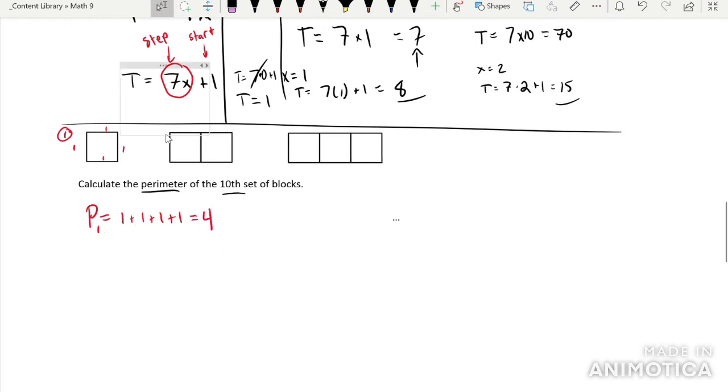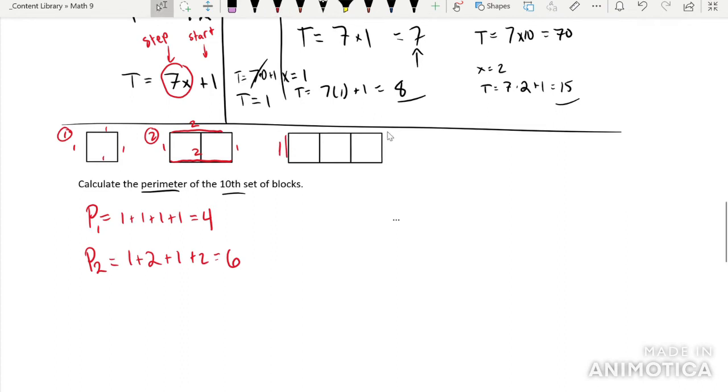Then I look at here, I'm only counting the outside, so this one and this one are still 1. But now this side and this side are 2. So the perimeter of shape 2, which I'll call here, is equal to 1 plus 2 plus 1 plus 2 equals 6. I don't necessarily see a pattern yet.